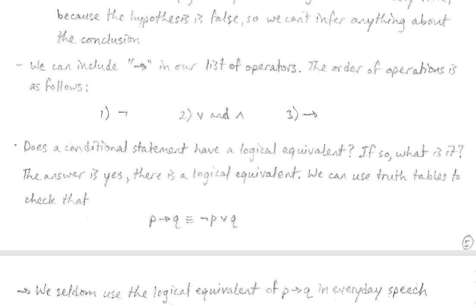So if I break that up into a conditional, if it is 100 degrees outside, then I will be inside. The logical equivalent of that is it is not 100 degrees outside, or I am inside.